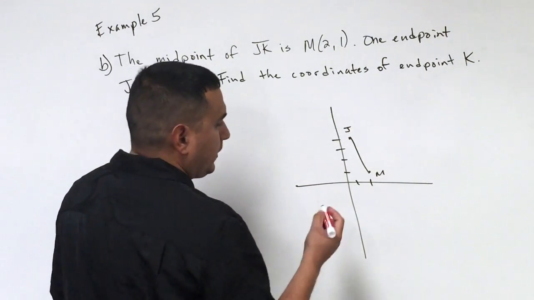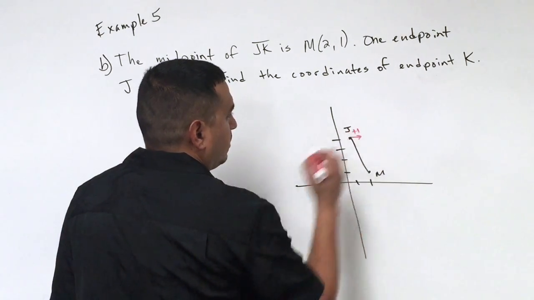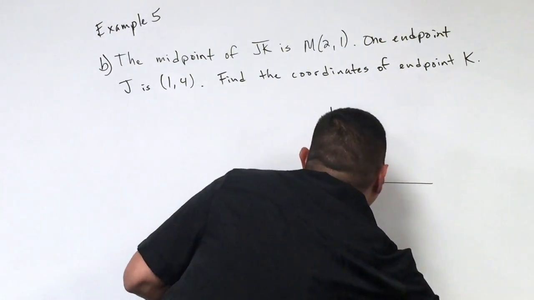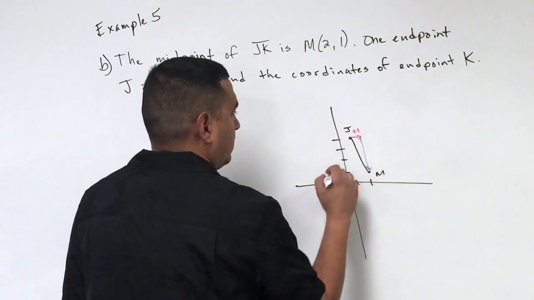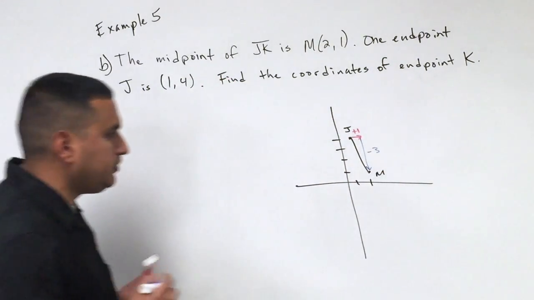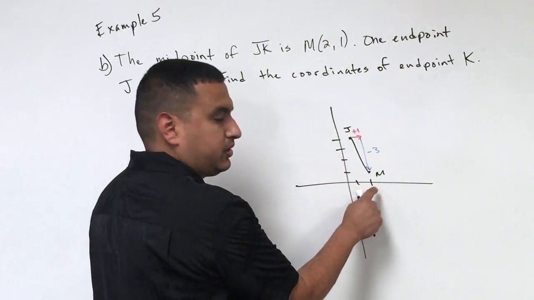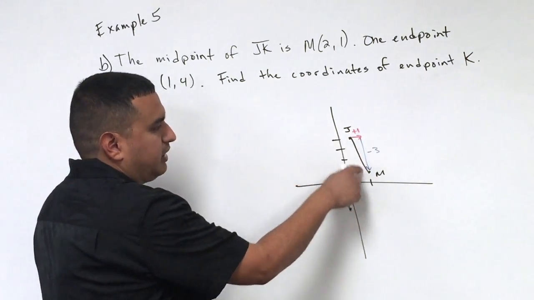So to figure this out, I'm going to go 1 unit over, so 1 to the right. Then I'm going to come down, how many units? I'm going to go down 3, right? Okay. So since this distance from J to M has to equal the distance from M to K, I'm going to follow the same pattern. How did I get from J to M?